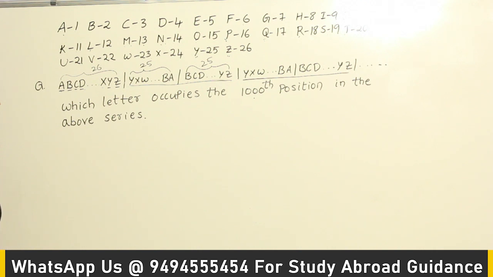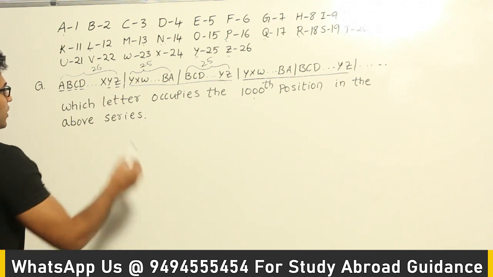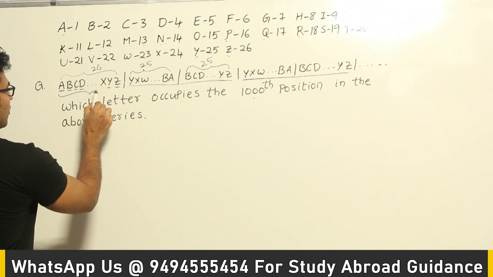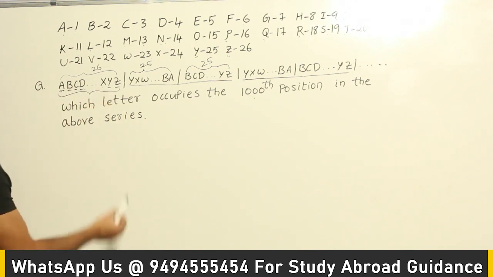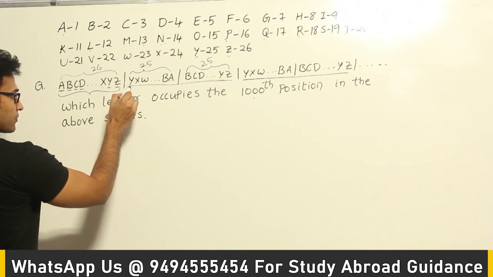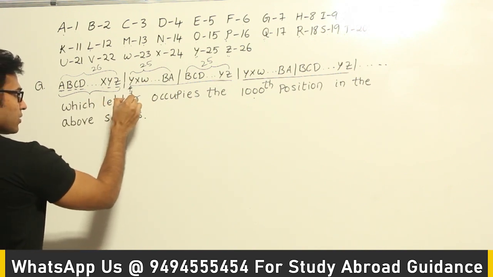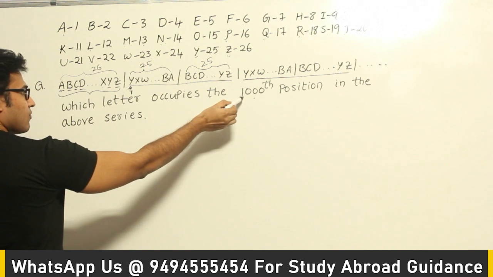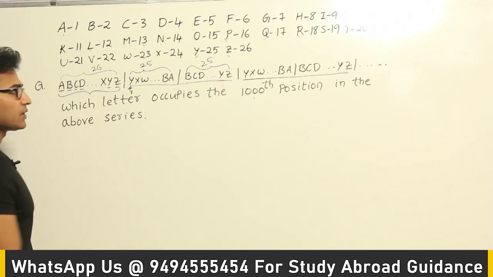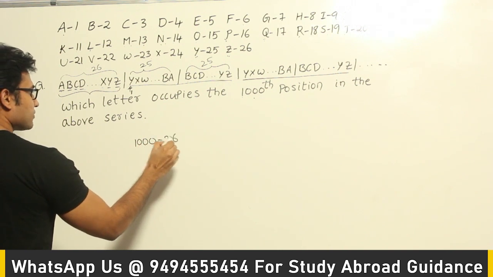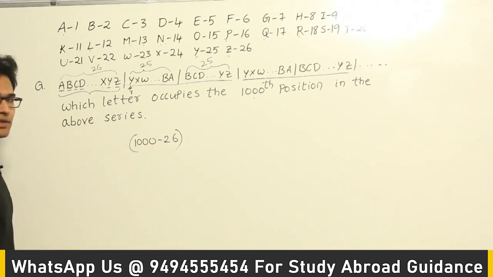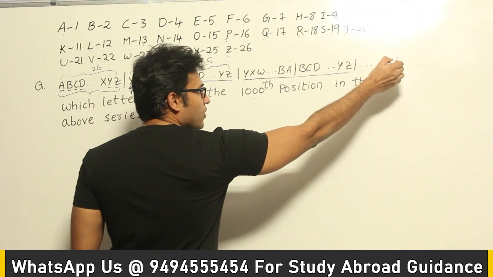Now how to solve this one is, definitely these are going to take away the first 26 positions, right? So from here, if you start counting from 1, our required 1000th position will actually be 1000 minus 26. Are you getting this? Let us say somewhere we have 1000 letters.